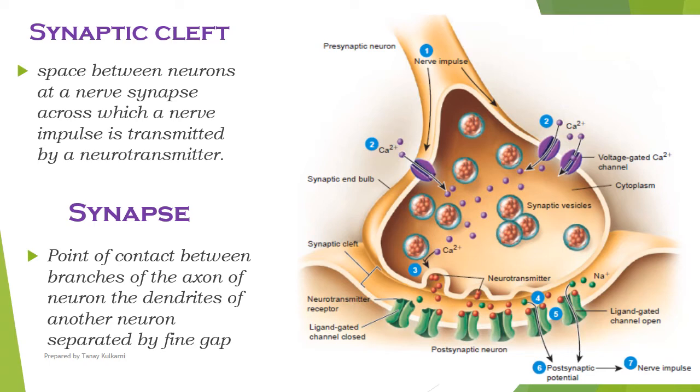Neurotransmitter is this brown color structure. Now they are filling the gap, and once this gap gets filled, the nerve impulse will be transmitted from this synaptic bulb to another neuron. Okay, from presynaptic neuron to postsynaptic neuron, right?